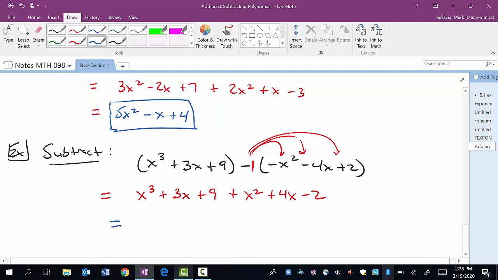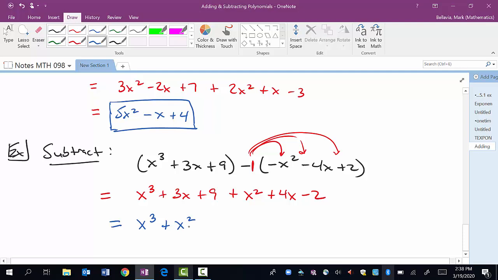Once you're here, you want to combine like terms. Noticing that, if it doesn't have a like term, you just leave it. So like x to the third, remember, to be a like term would also have to have the same variable with the same exponent. There are no other x to the thirds here, so x to the third would just stay. Because I want to do this in descending order, the next term I would try to find is anything with an x squared. If you have this x squared, there are no other x squared terms, so just plus x squared.